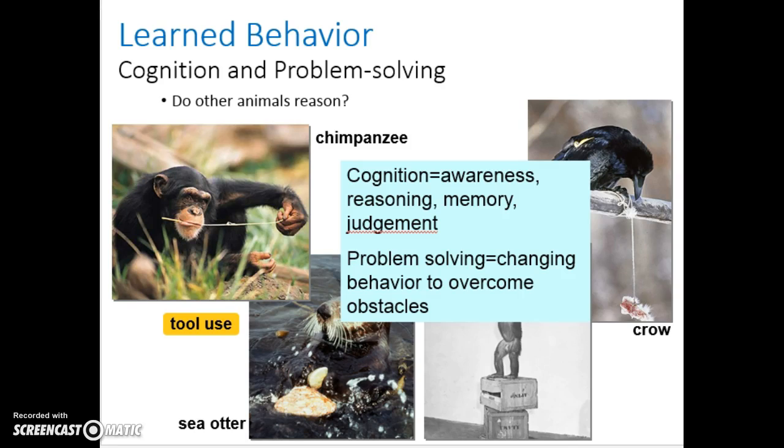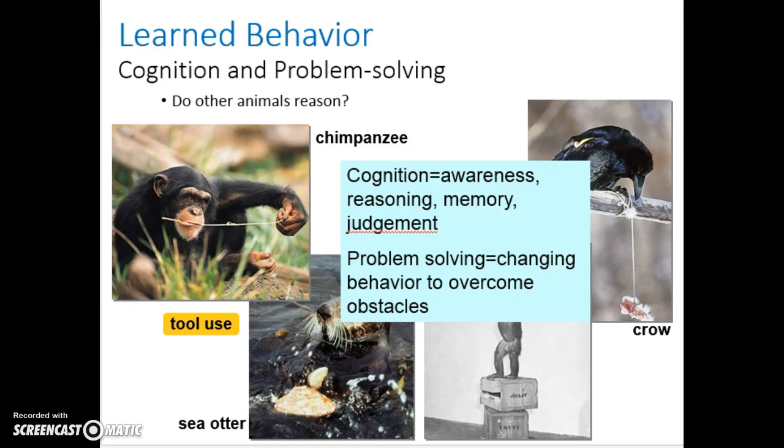When we think of learned behavior, we also think of cognition and problem solving. So cognition is defined as awareness, reasoning, memory, or judgment. And problem solving is changing behavior to overcome obstacles. There are many animals that are able to do this, but we typically have done most of our studies with primates, who are very good at both of these.